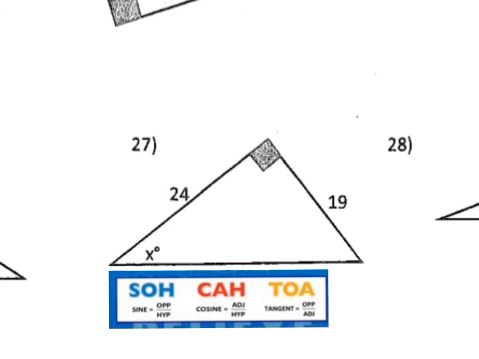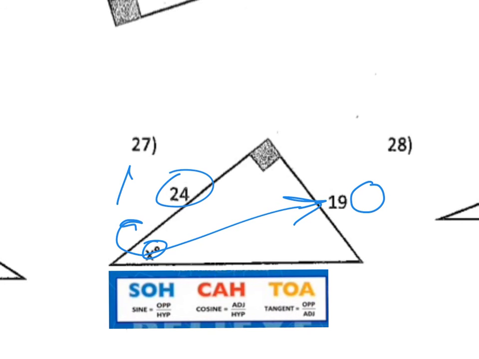Okay, number 27, let's do the same thing, and let's label the parts of the triangle that we do have. Here's my angle, so directly across from that is a 19, so that would be our opposite, and right next door is this 24, and that's going to be our adjacent. So again, we have O and A, so that's going to give us an opportunity to use the tan function.